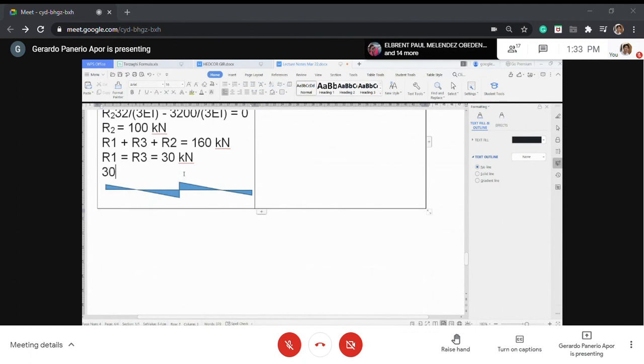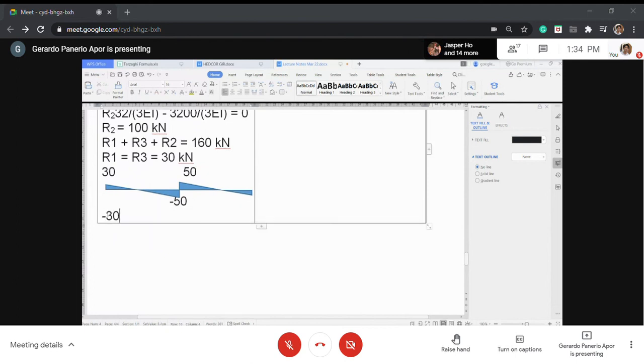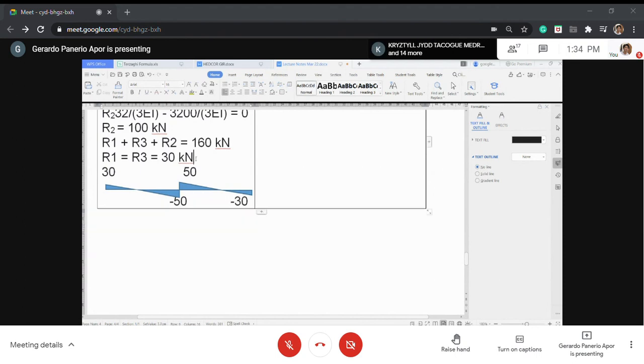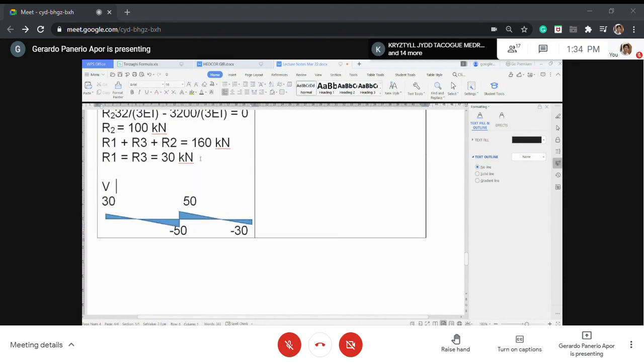This one is 50, 50. And at the bottom, this is 50, 50, 50. This one is 30, 30, 30. So that is my shear diagram.